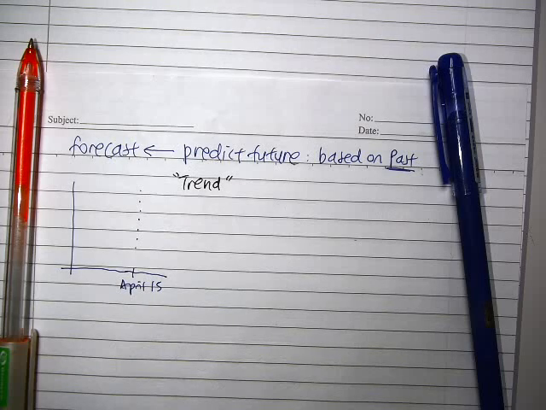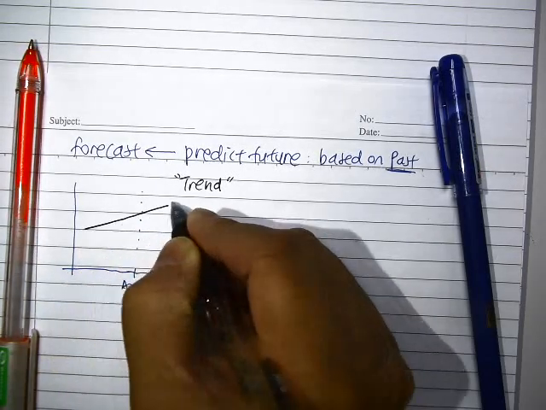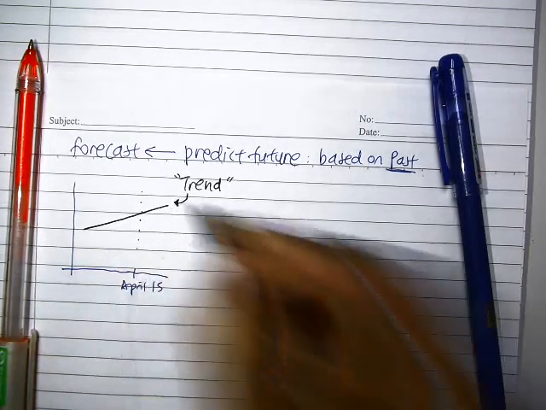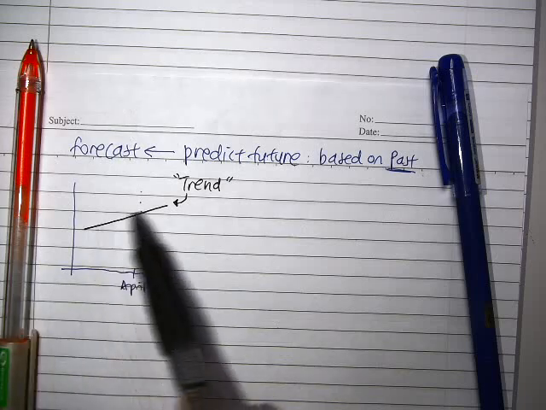So if I start to tell you now, okay, this is the trend. Now, if you know that this line is the trend, things are easier. But of course, how do you come up with a trend?